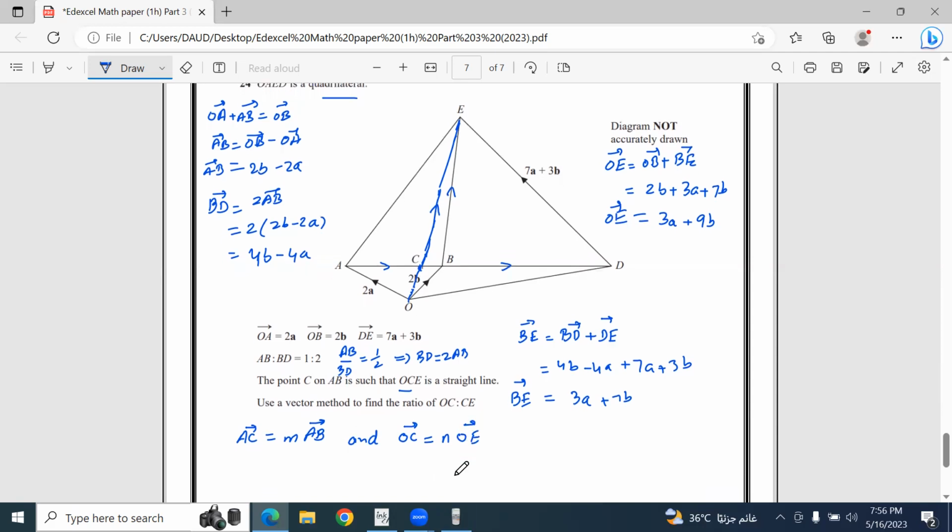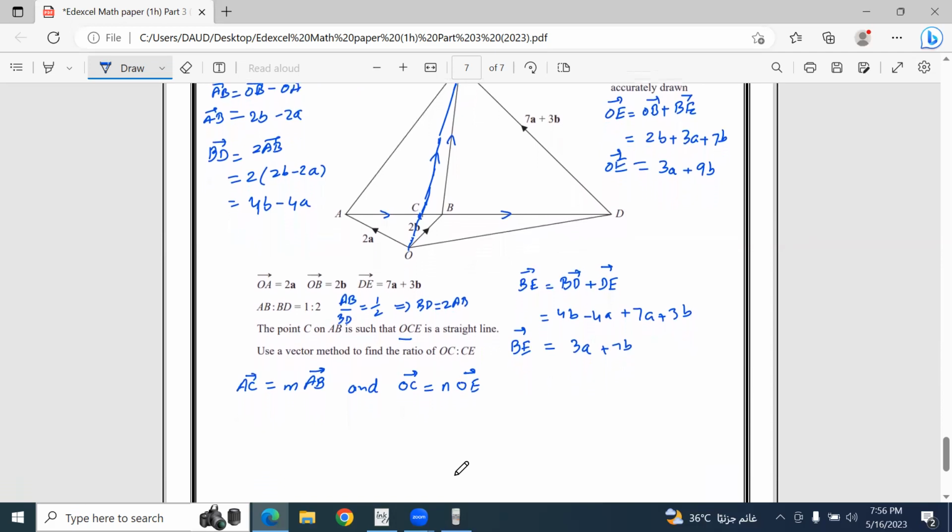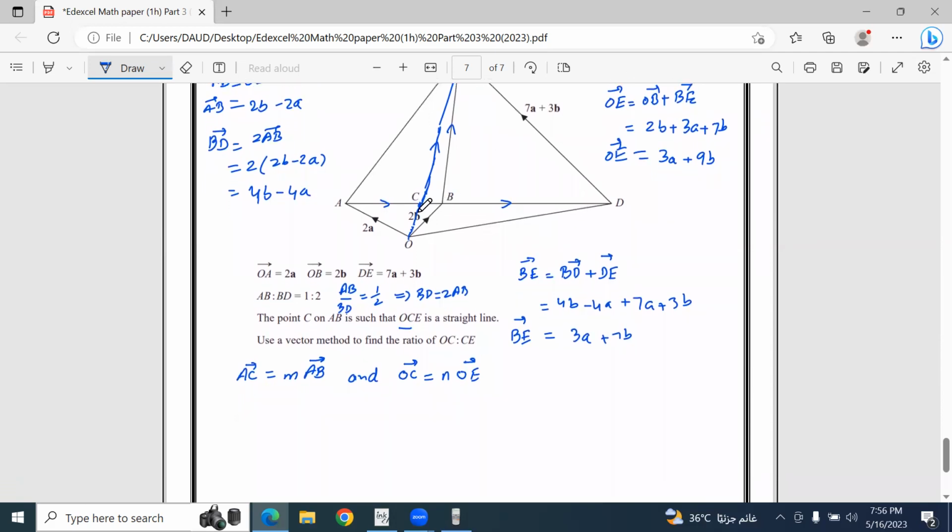If I make the form for OC, check carefully, the direction OC is equal to OA plus AC. Now I will replace all these values. OC, I said it is N OE.